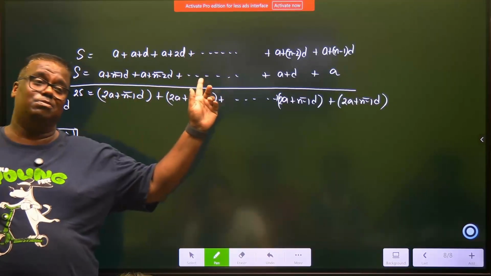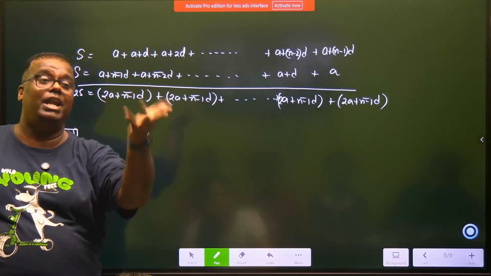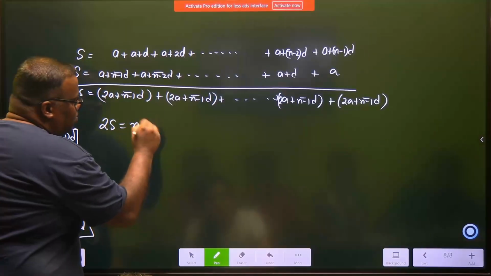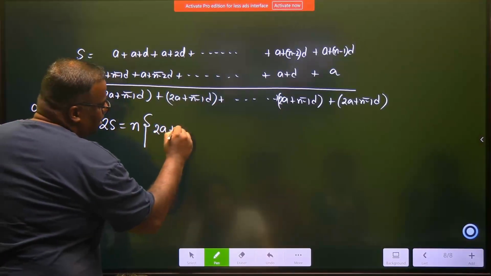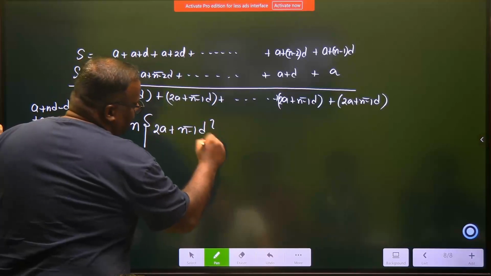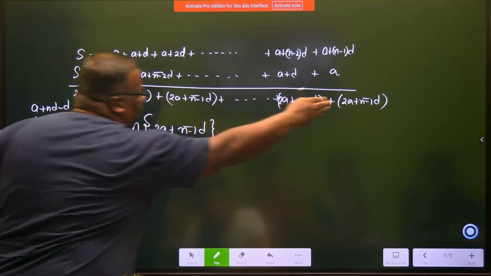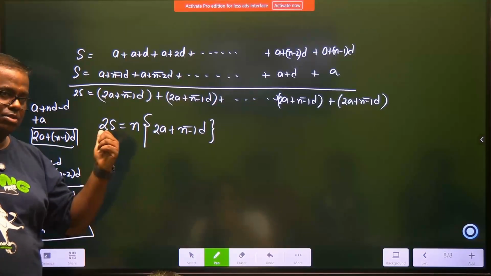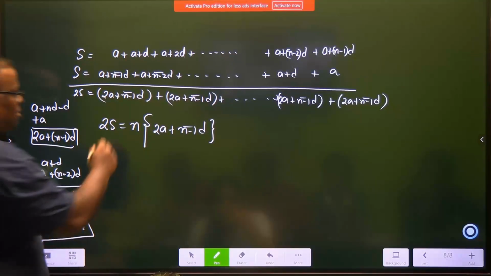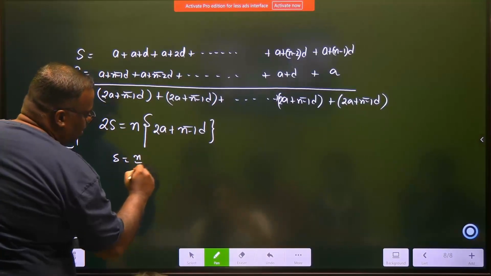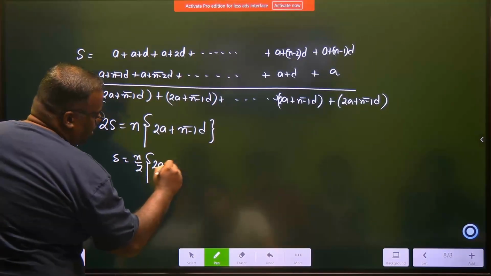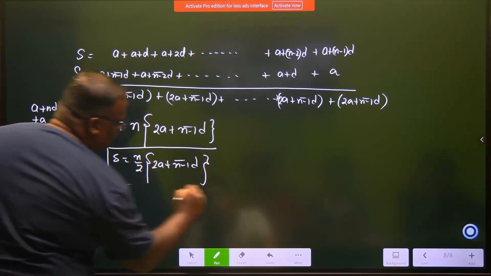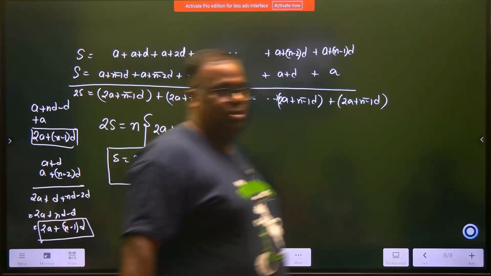Gauss had 100 terms. You have how many terms? n terms. So you can write 2s is equal to n times 2a plus n minus 1 into d. If we add all of these, what will happen? n into this. How many did Gauss add? 100 terms. We are adding n terms. What do we need to find? We need to find s. This is the formula for the sum of n terms of an AP.